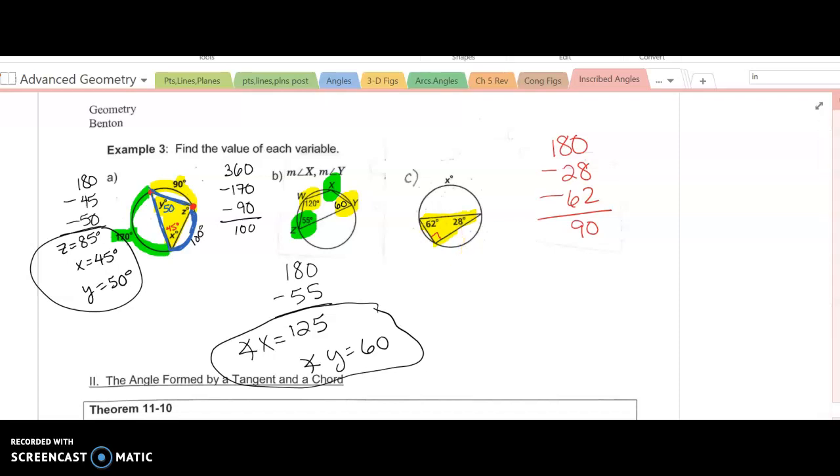From there, then I was thinking about, well, arc X goes from here to here, and that blue angle, that 90-degree angle we just found, also stops on the circle here and here. And so we would do double the 90 to get 180 for X.